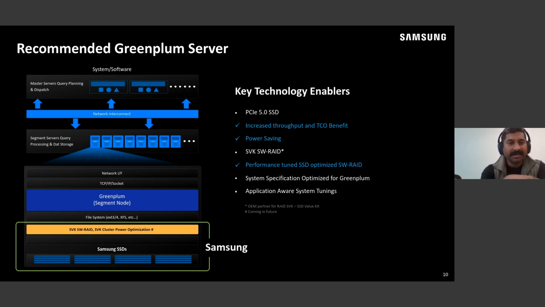You can see on the bottom is where you have the SVK features as well as the Samsung SSDs coming in, and the upper portion of the stack is not touched at all. So somebody who is installing Greenplum just follows our instructions. It's going to be a seamless installation of SVK and the SSDs also.